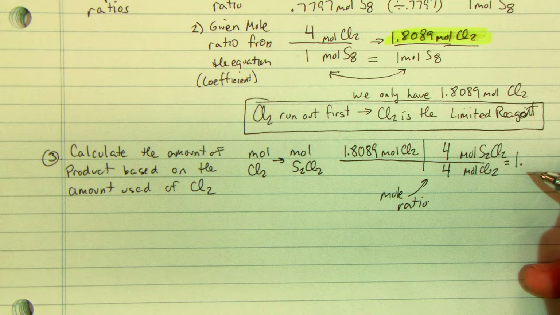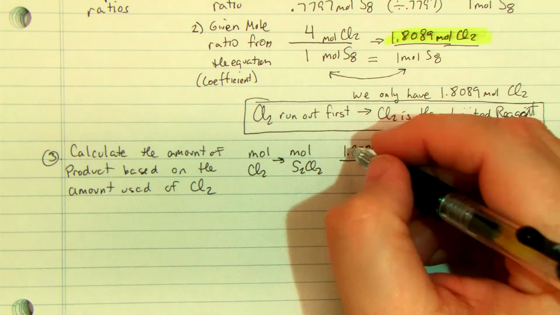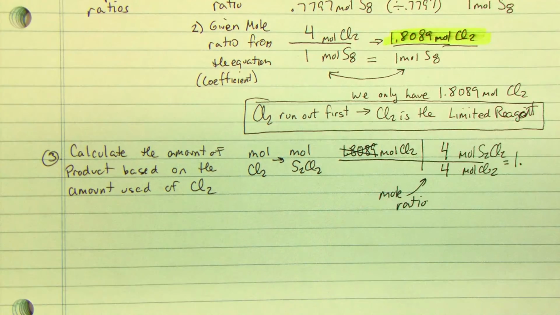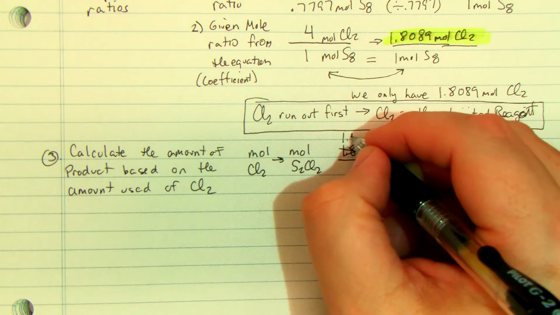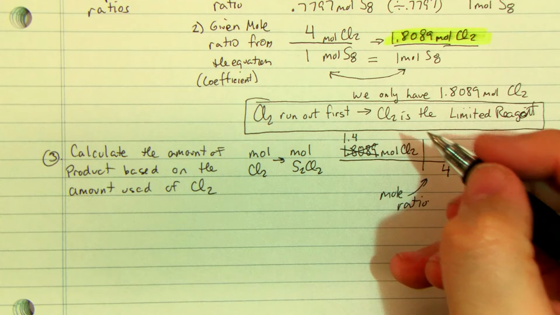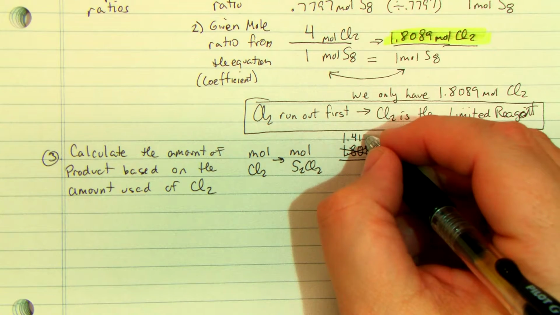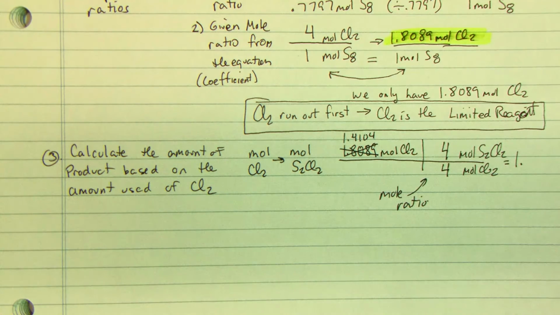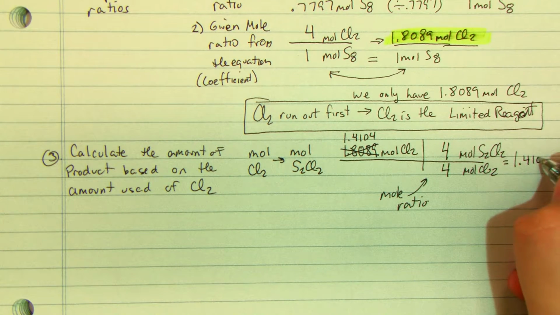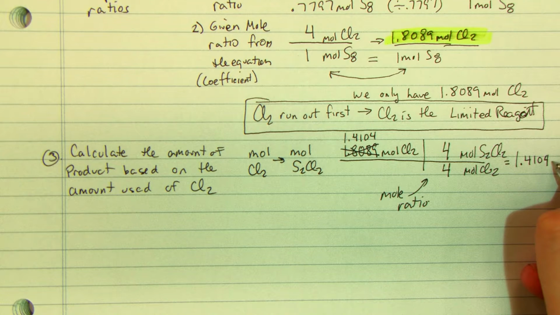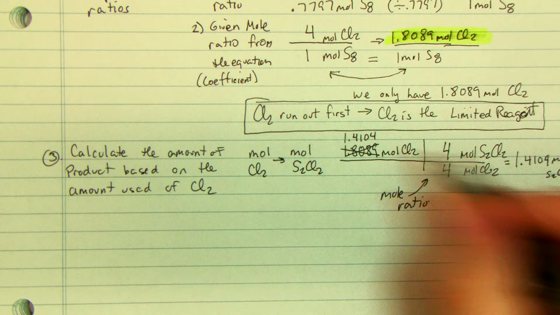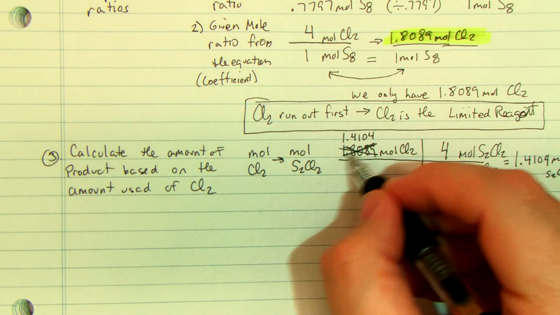Well, actually, I used the wrong number here. We should use the 1.4104 because that's the actual amount that we have. Sorry. This was the altered one that we got from here, where we divided by there.